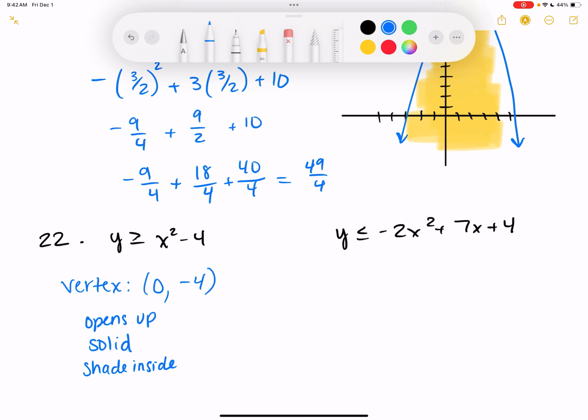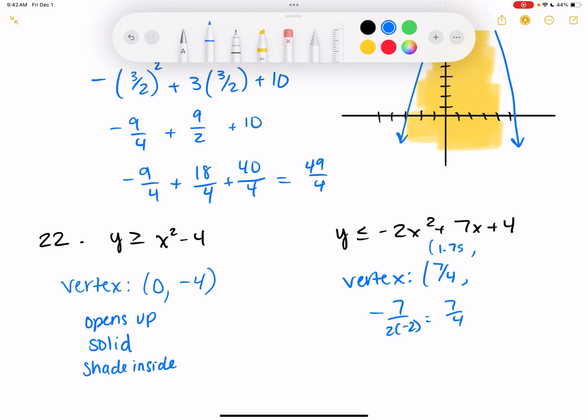All right, this one, vertex. We have minus b over 2a, so that's negative 7 over 2 times negative 2, which is going to be a positive 7 over 4, or 1.75 if you prefer it that way.